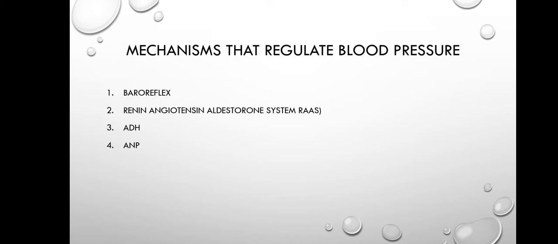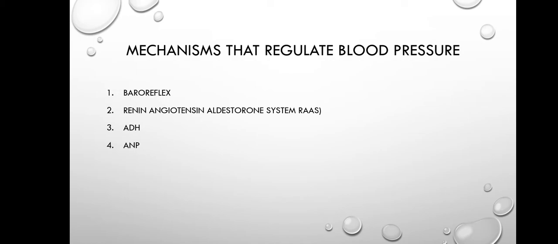So let's say blood pressure increases. When blood pressure increases and passes through the carotid sinuses and the aortic arch, there will be an increased amount of impulses being generated and sent to the medulla, specifically to the cardioregulatory and the vasomotor centers.